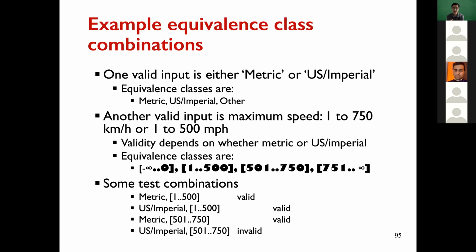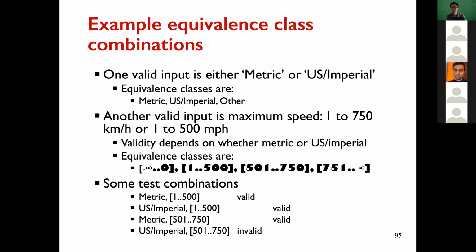It can be from 1 to 750 kilometers per hour, or 1 to 500 miles per hour for different metrics. So the valid equivalence classes can be from 1 to 500, and from 501 to 750, right? And the invalid values can be any value smaller than 0 or greater than 750, right? So these are the partitions.